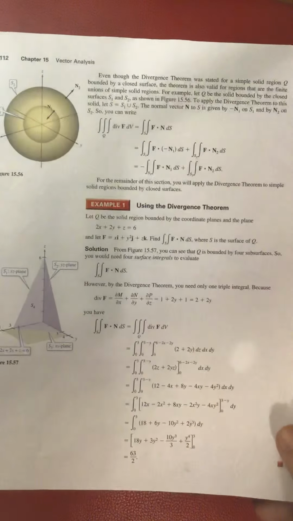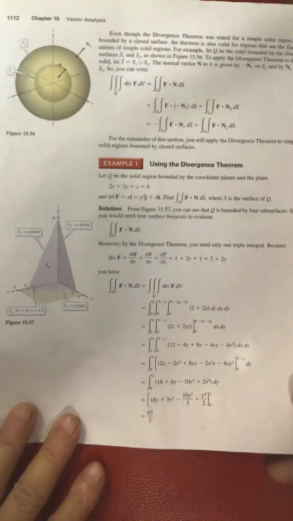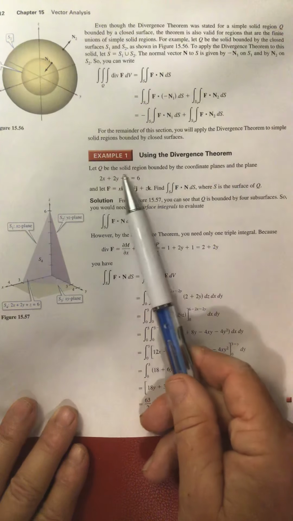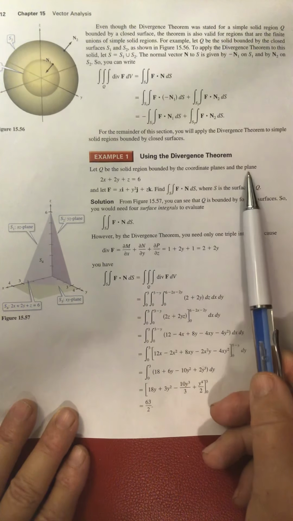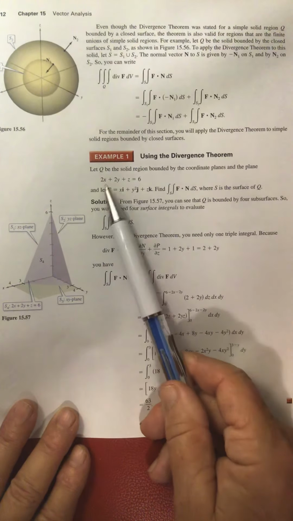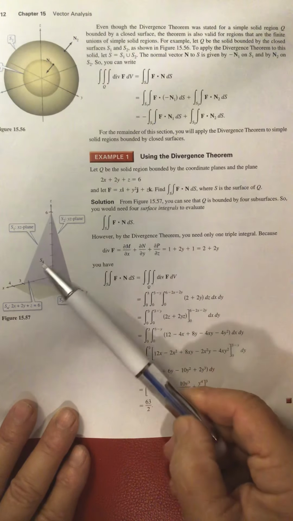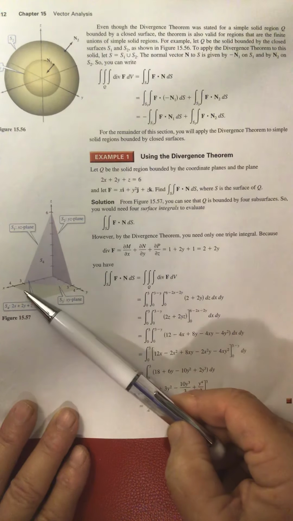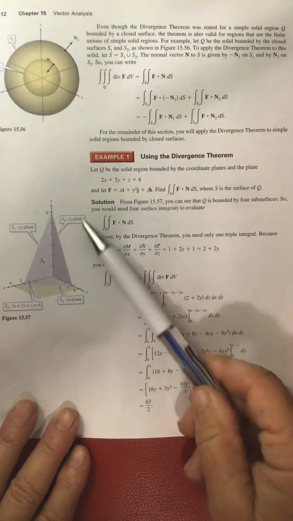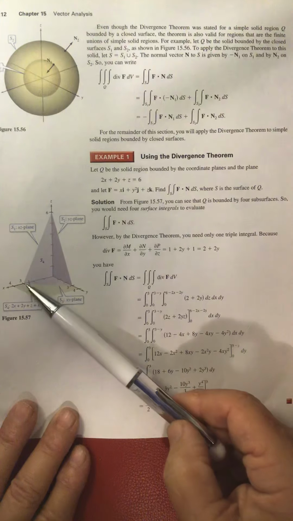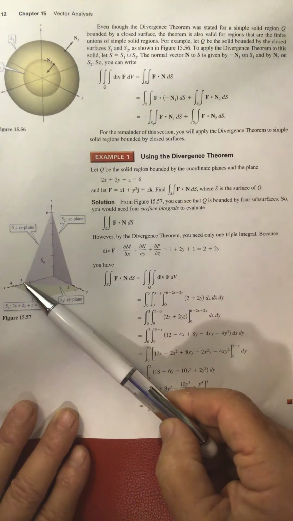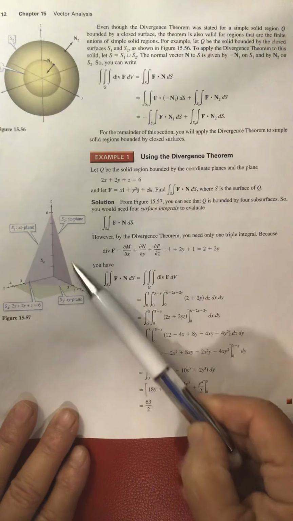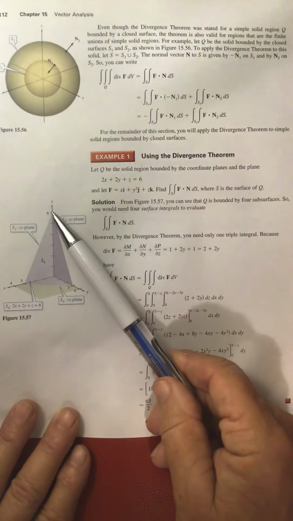For example, use the divergence theorem. Let Q be the solid region bounded by the coordinate planes and the plane 2x plus 2y plus z equals 6. So the coordinate plane down here is the xy plane, and then we have the plane going through (3, 0, 0), (0, 3, 0), and (0, 0, 6).